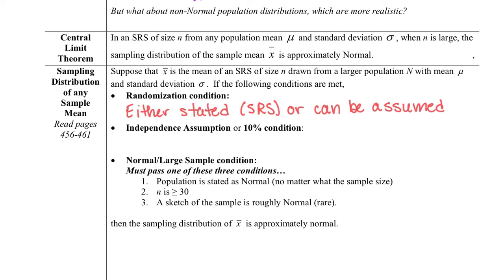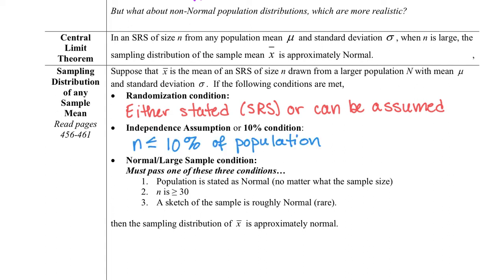Just like proportions, our first condition is the random condition, and this will either be stated in the problem. It might say simple random sample, it might say the sample was taken randomly, or you can assume it. That would be like our M&M problem. We could assume that they were well mixed and that they were not placed into bags either with bias or some kind of methodology, that they were just thrown in there randomly.